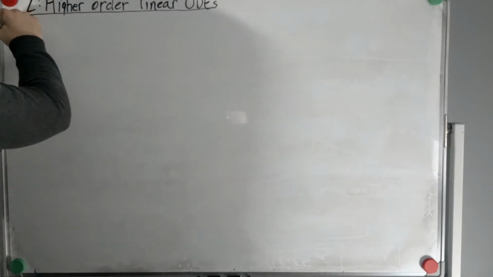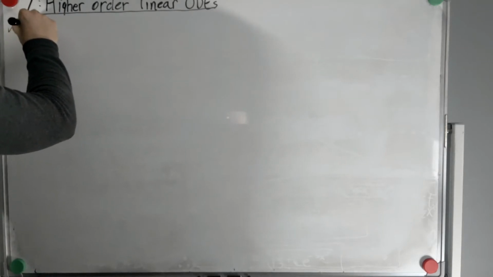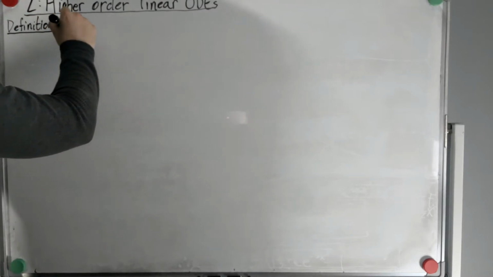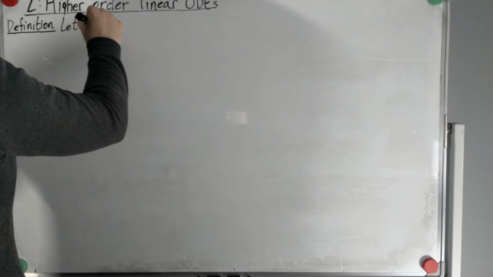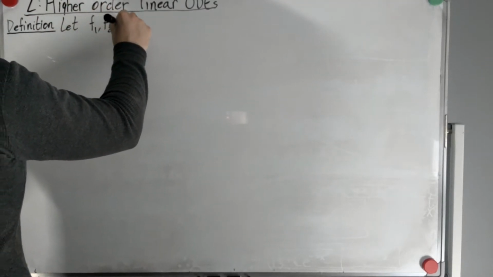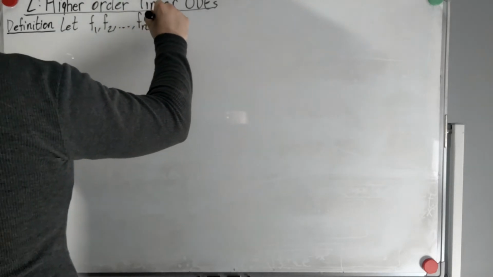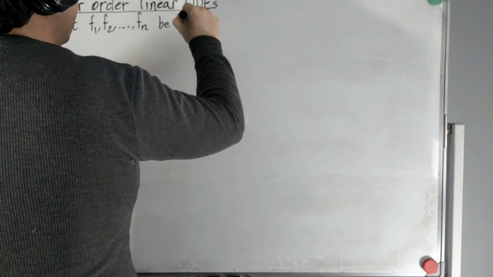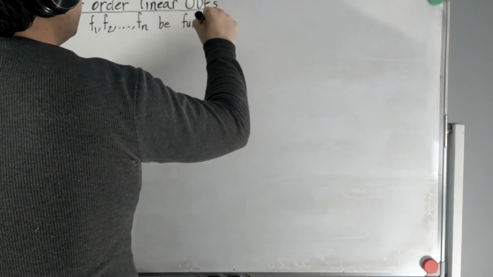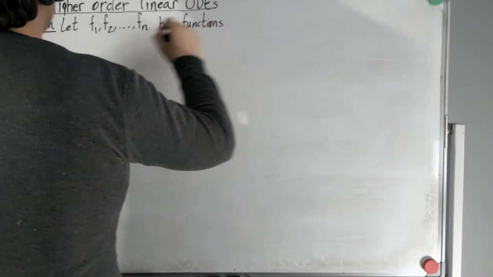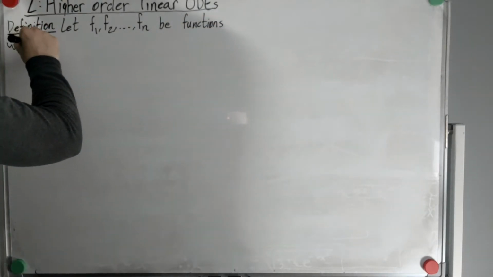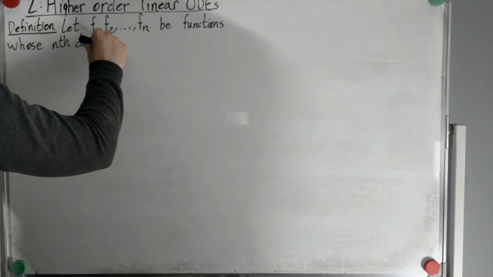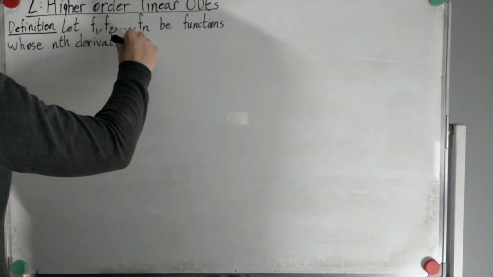So definition. Let f1, f2, up through fn be functions whose nth derivatives exist.